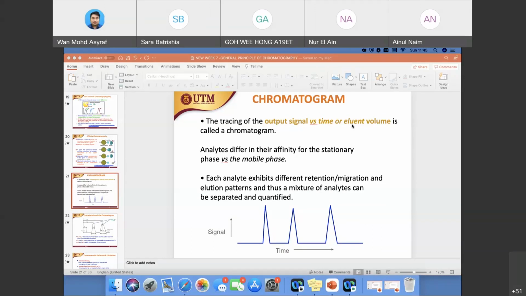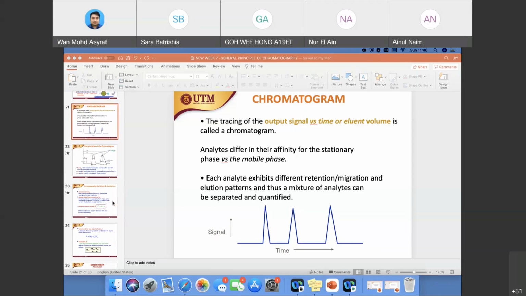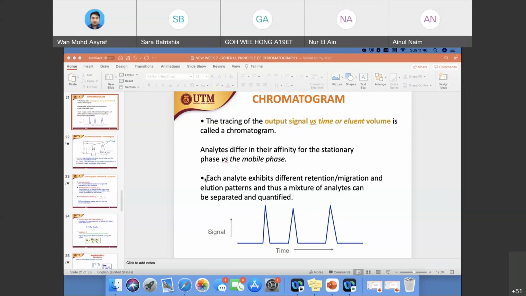Right? Okay. So, now we are going to look at what a chromatogram is. Chromatogram is the output signal versus time, or the elution volume. Before this, in spectroscopy, the spectrum is the intensity or the signal versus the wavelength.